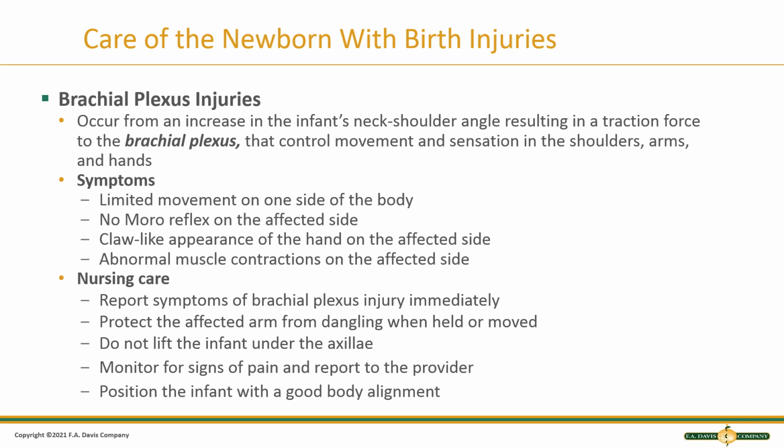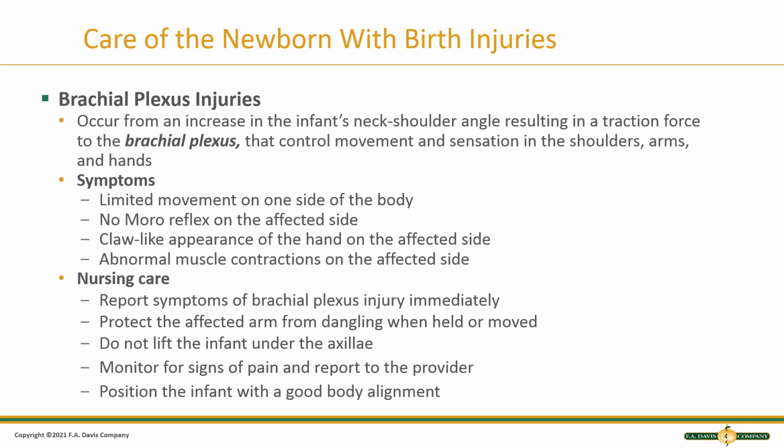These are babies that, when you check the tone in both upper extremities, that one affected extremity is going to be kind of flaccid and it's not going to flex like the other extremity. So if we notice as a nurse that the arm does not have the same tone and is flaccid, we need to report it to the provider.